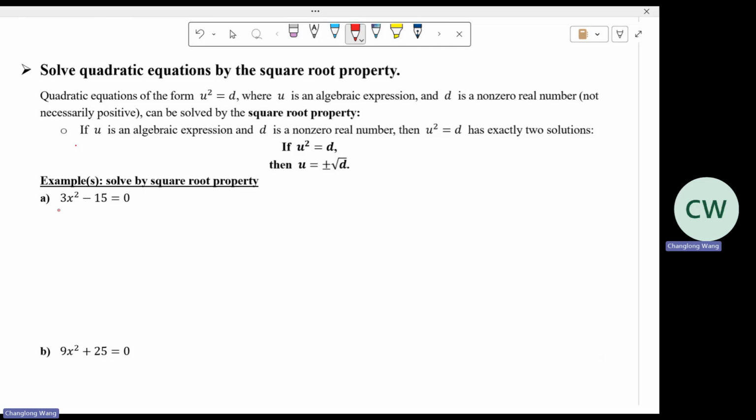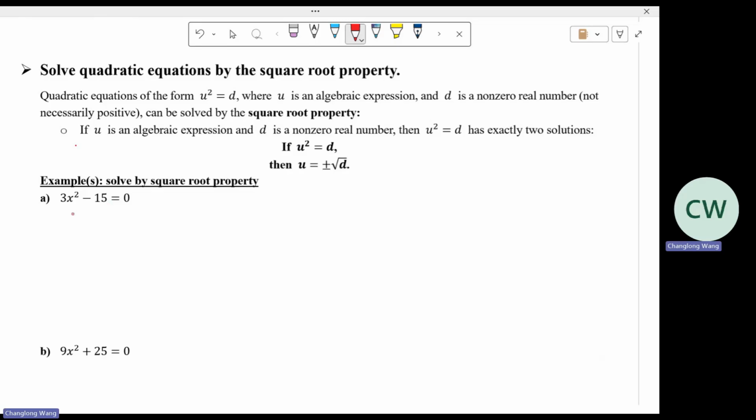But in letter A, it doesn't seem that it's ready, or at least that it's almost ready. So you do have to do some very basic algebra to isolate that quadratic part so you can take the square root.